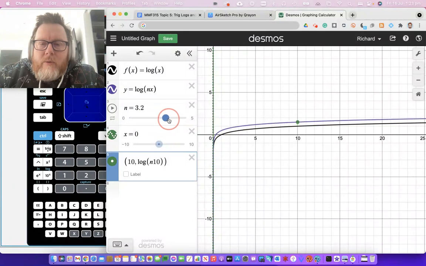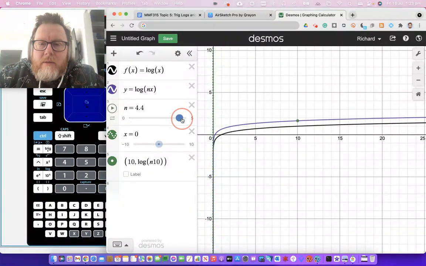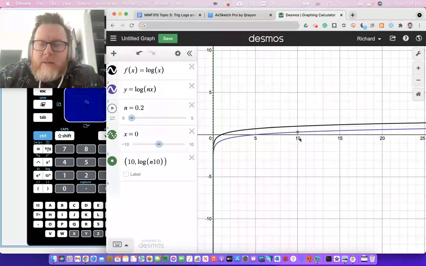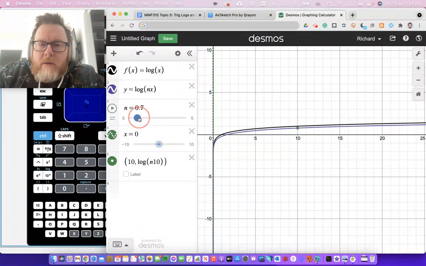But what it's really doing is pulling itself towards the y-axis. That's really what's happening here. And if I go less than 1, it is now stretching away from the y-axis. So it's stretching or compressing in the same direction as the x-axis. It's pulling that way or pushing that way. And that's what we're seeing.